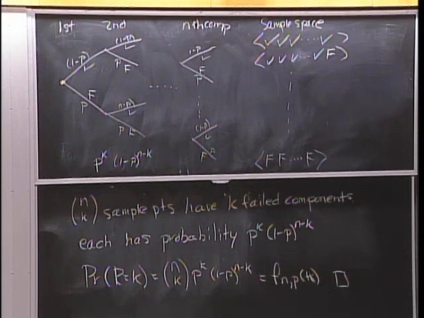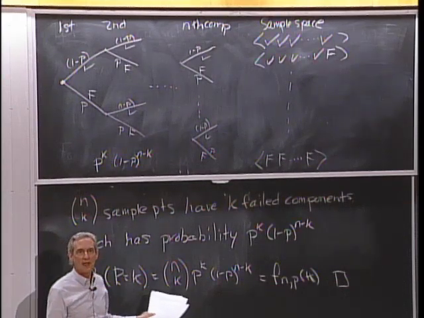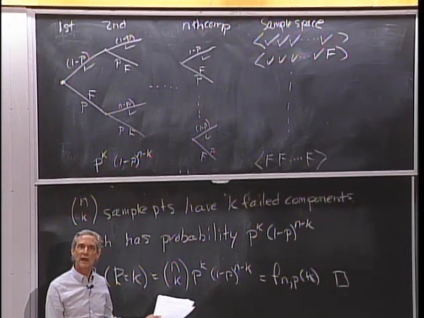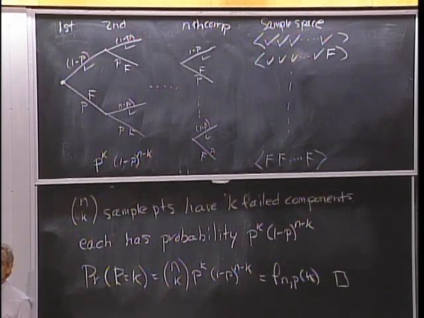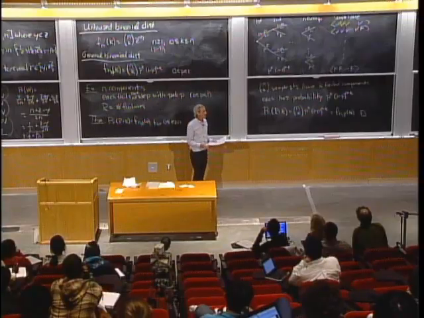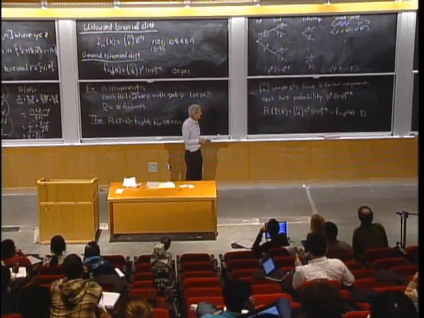What's the probability of getting 50 failed components? Or if I flip 100 coins and they're fair, so probability of half of getting a heads, what's the chance I actually get 50 heads in 100 coins? Looking at that, it's not so clear what the answer is.